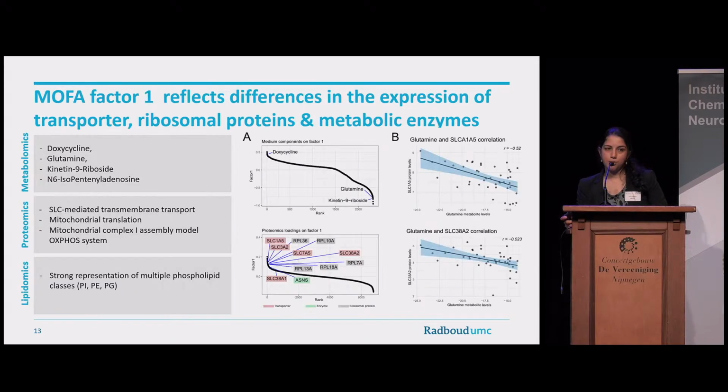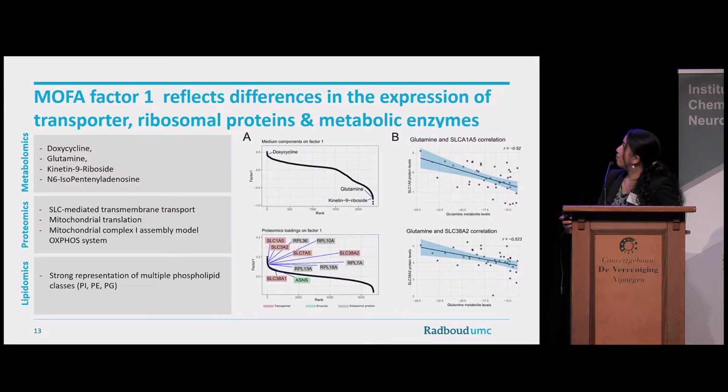So we started digging into factor 1, where most of the contributions were coming from the mass spectrometry-based lipidomics, metabolomics, and proteomics. As you can see here, this is a MOFA feature weights plot, wherein some of the top scoring metabolites were doxycycline, glutamine, and kinetin 9 riboside. This was untargeted data, and these metabolites were putatively annotated based on the human metabolome database and our in-house panel.